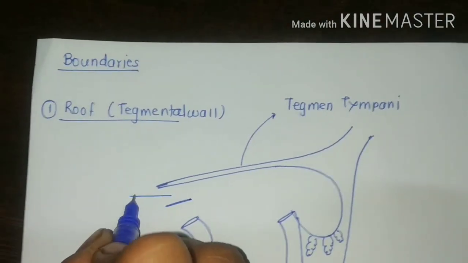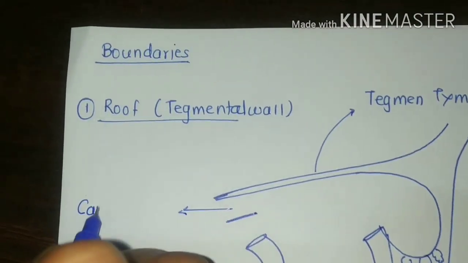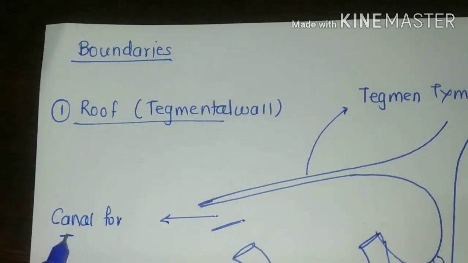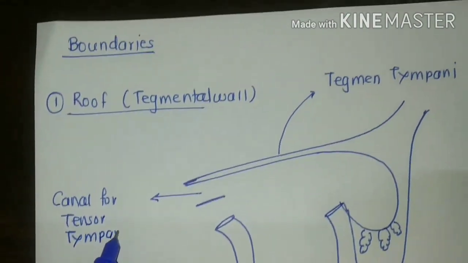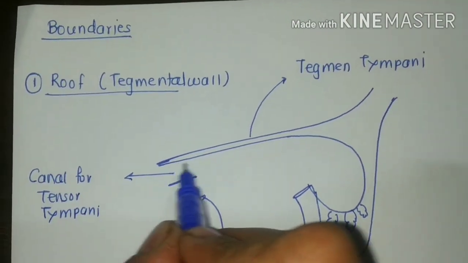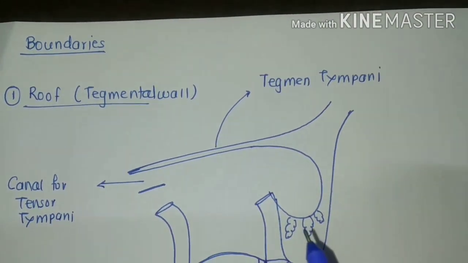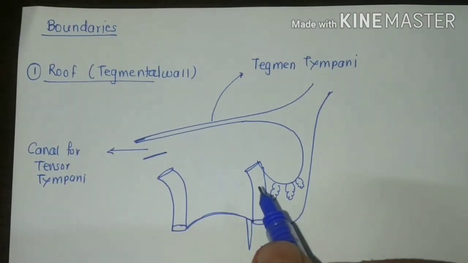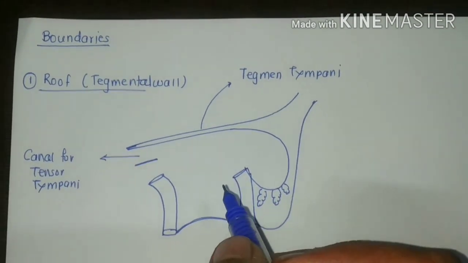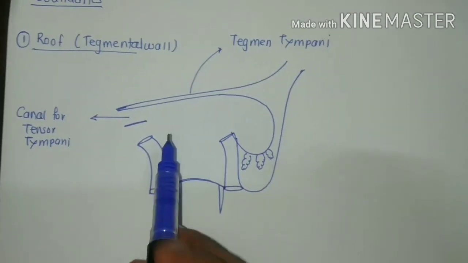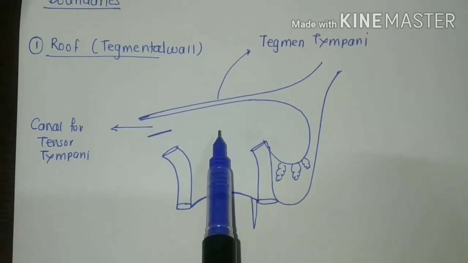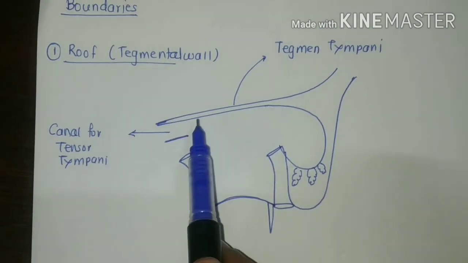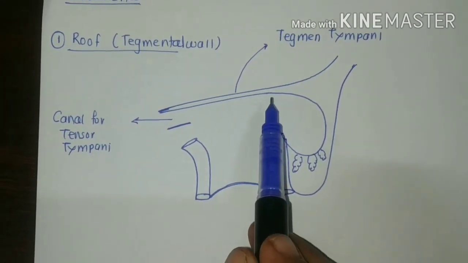Now this is the canal for tensor tympani muscle, and this is forming the roof of canal for tensor tympani. Clear? Now in young children, the roof presents a gap at unossified petrosquamous suture where the middle ear is in direct contact with the meninges, but in adult it is ossified.